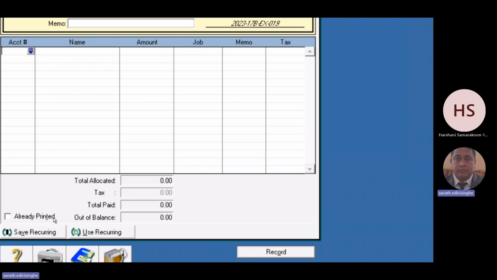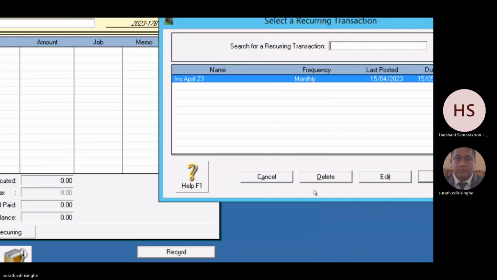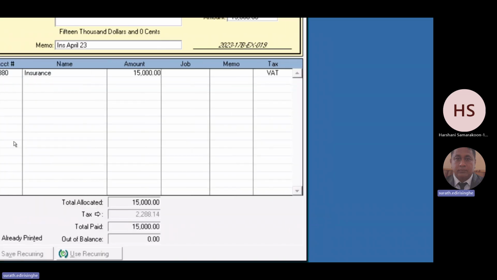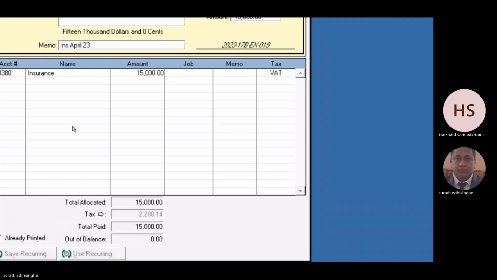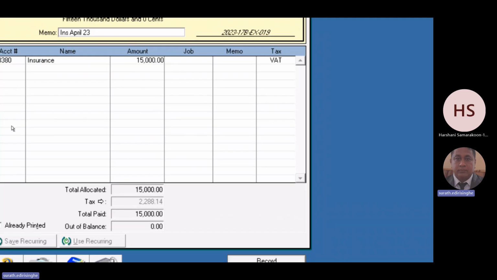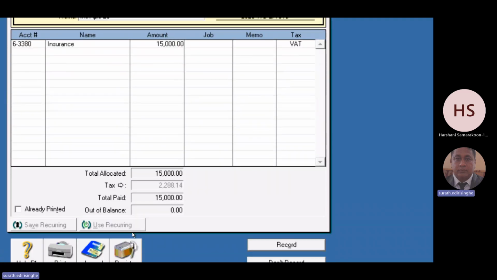Here the use recurring option is activated. Select use recurring. Now the transaction is there. Look at here, last posted in April. Now click on OK. Then take the details here. Only change the period and date, then the amount is there. Now you record.